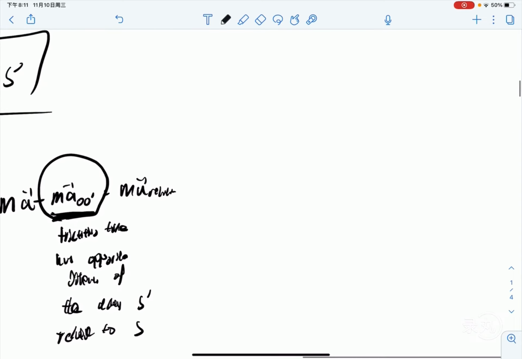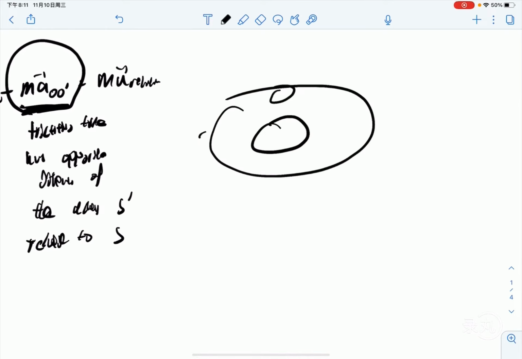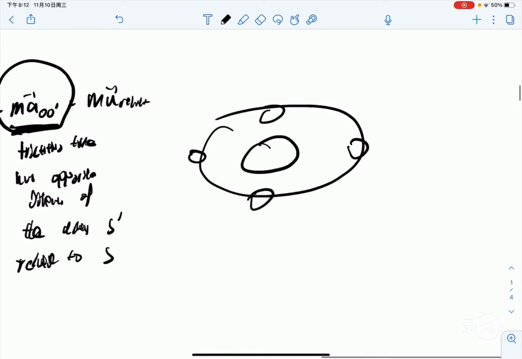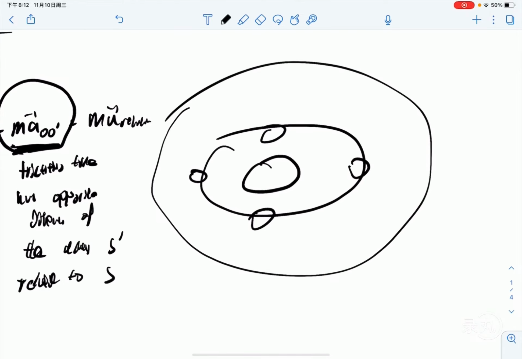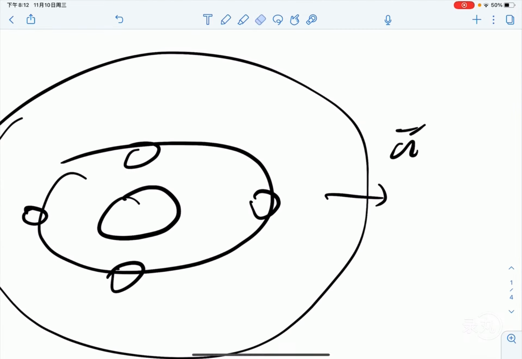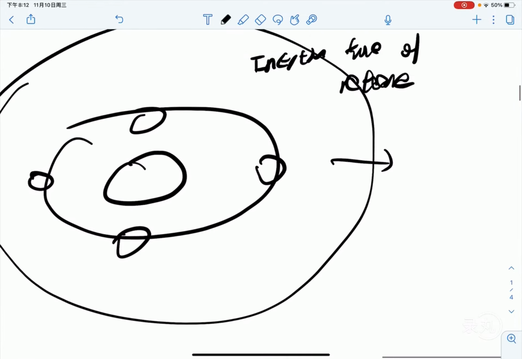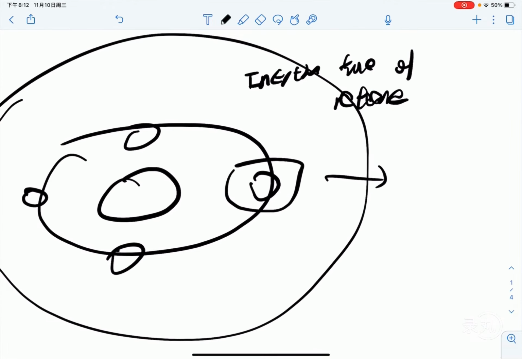We can treat our galaxy as an inertial frame of reference because there's little external force acting on our galaxy. So it is not really accelerating, so we can treat it as an inertial frame of reference. And often we treat Earth as an inertial frame of reference because its acceleration is quite negligible, in some circumstances.